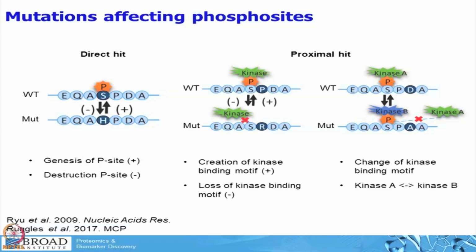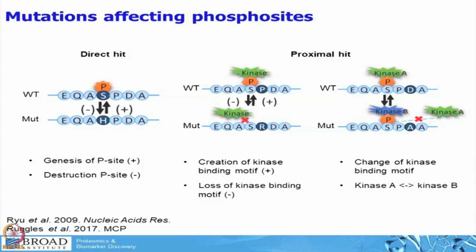The other possibility is that it does not happen at the exact site, but very close to the phosphorylation site. In this case we have a proline at +1, which is mutated into arginine, and the kinase that was able to recognize this proline can now not phosphorylate this specific serine anymore because the proline is gone. So in this case we would lose this phosphorylation site.